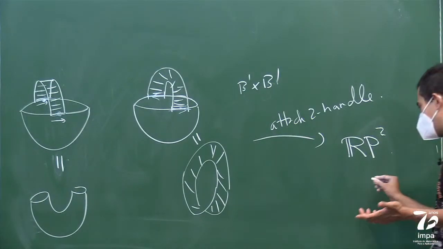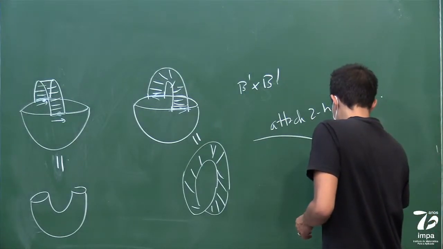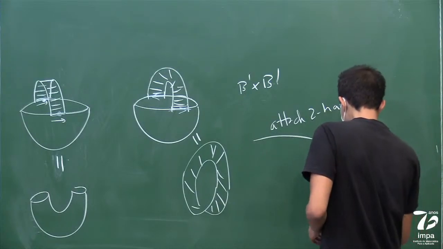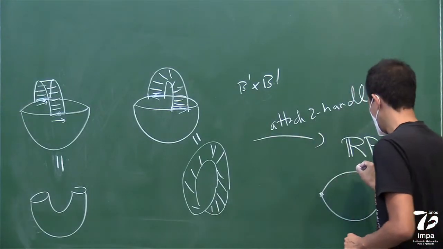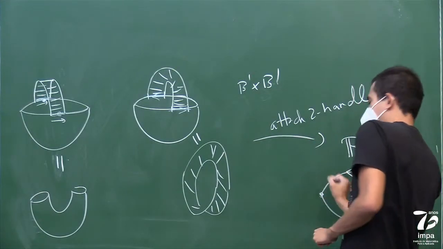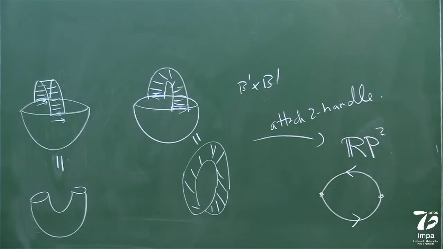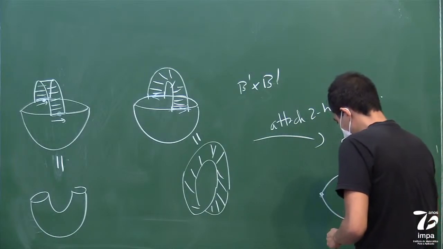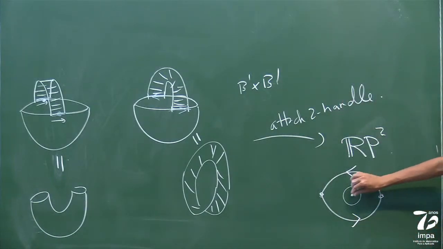Well, one way to see that is you can take your RP2, which is this disk where you identify this part and this part, and you take a point here, and you take a disk, and you remove this disk. It's kind of going backwards.